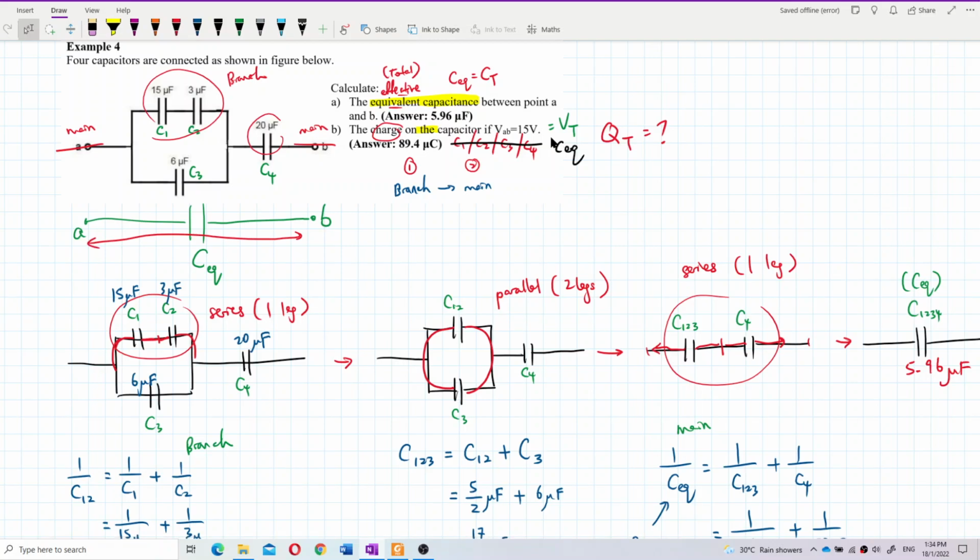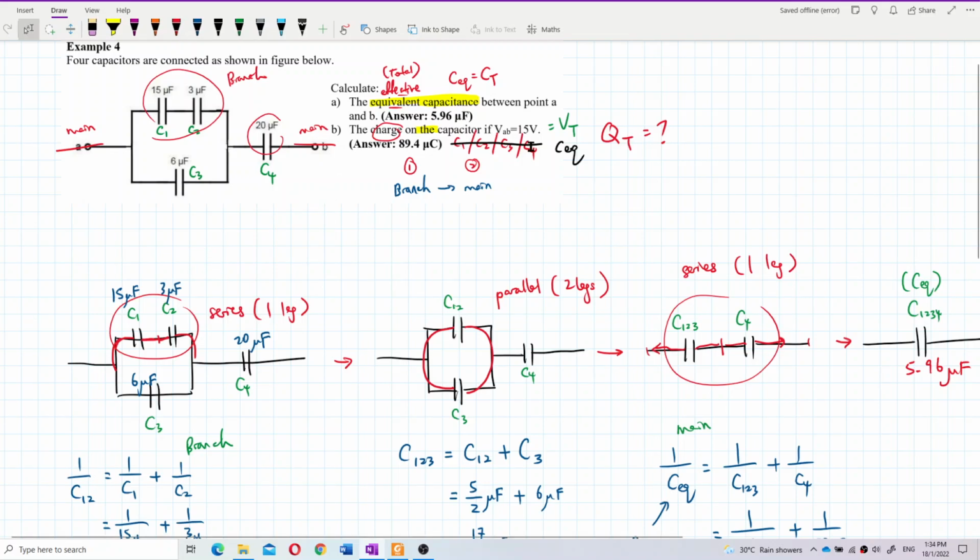It means he connects this whole thing to a battery, and this VAB, or V total, is 15 volt.